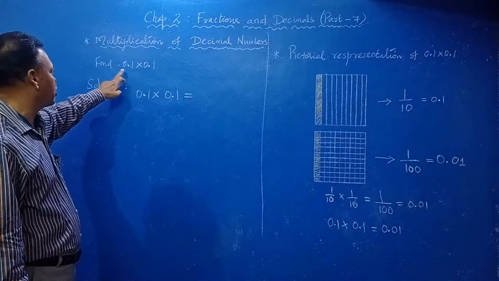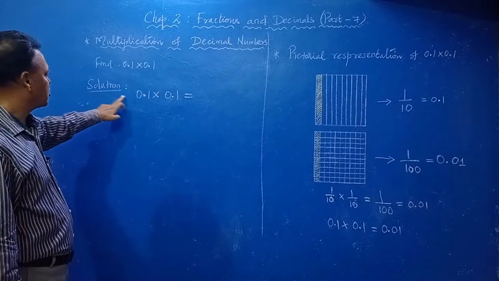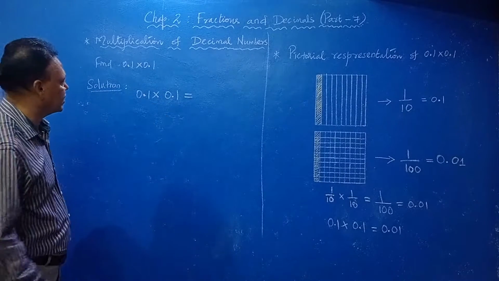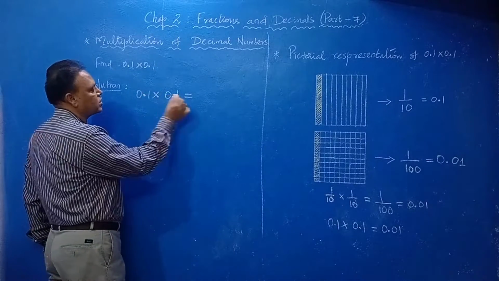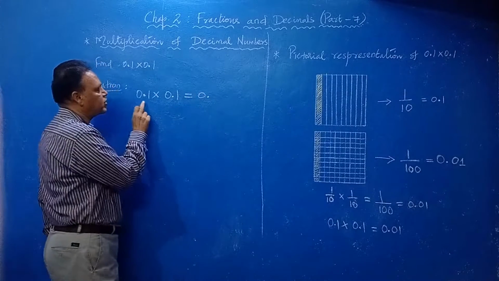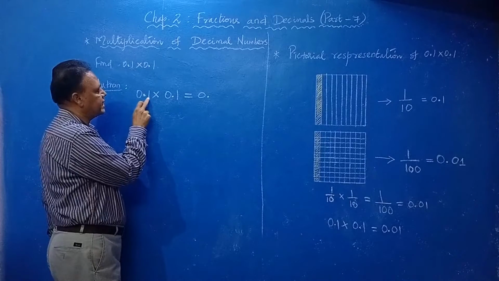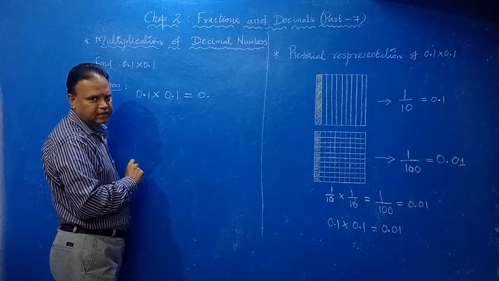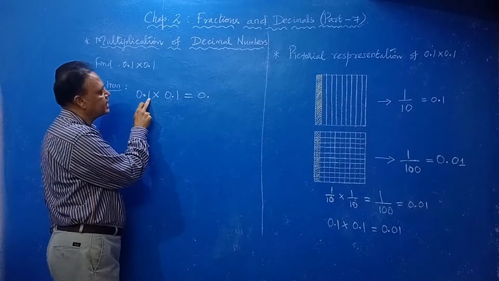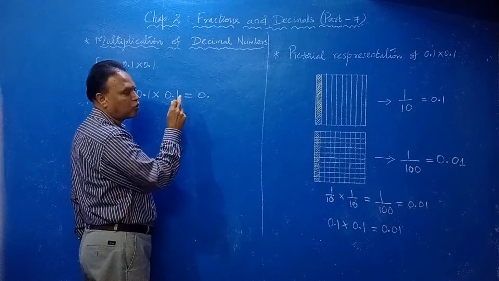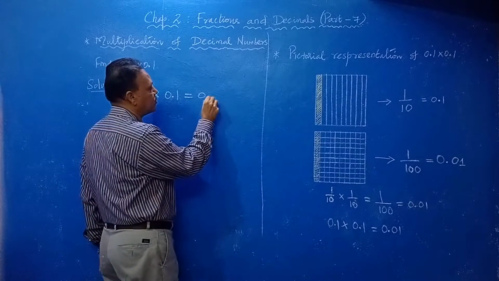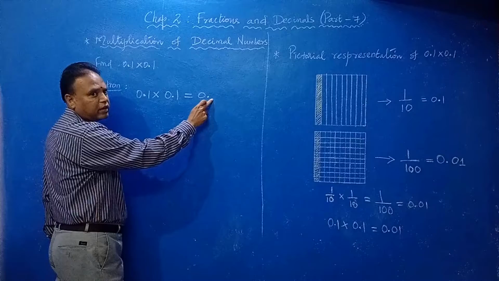Find 0.1 into 0.1. Solution: 0.1 into 0.1. After the decimal, how many digits are there? Here one digit after the decimal, here one digit, total two digits after the decimal.